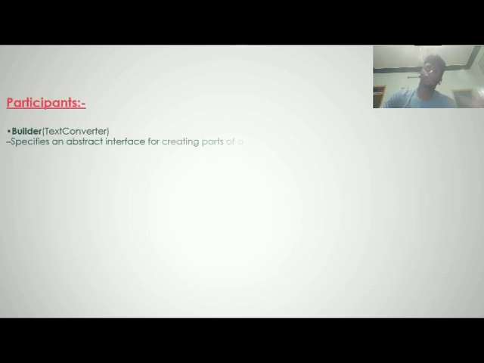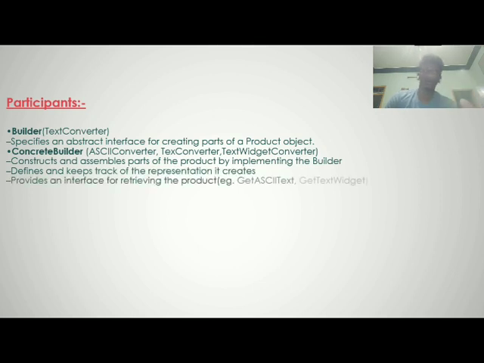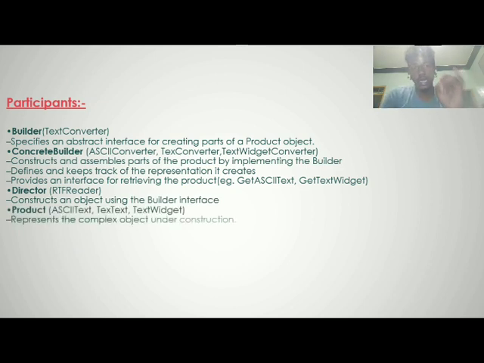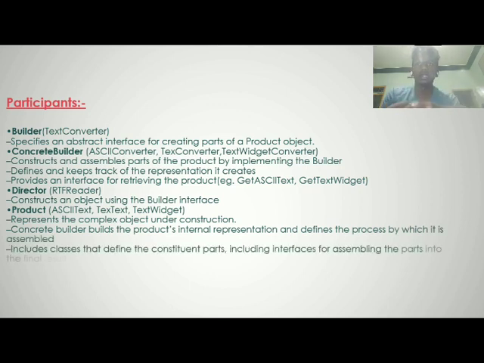Builder, the TextConverter, specifies the abstract interface for creating parts of the product object. Concrete builder, the ASCII converter, TeX converter, and TeXtWidget converter, constructs and assembles parts of the product by implementing the builder interface, defines and keeps track of the representation it creates.